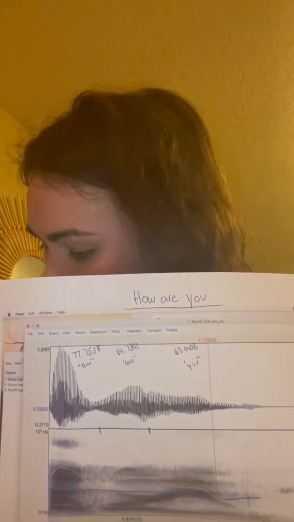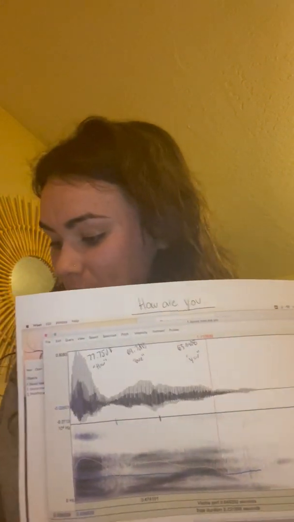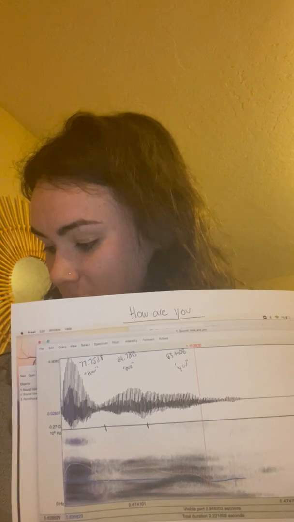Mine was 19.4 because my highest was 77.6 and my lowest was 58.2 decibels. So that was a little low, but other than that, I was pretty average for the most part.